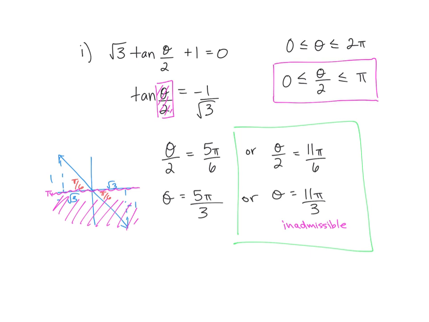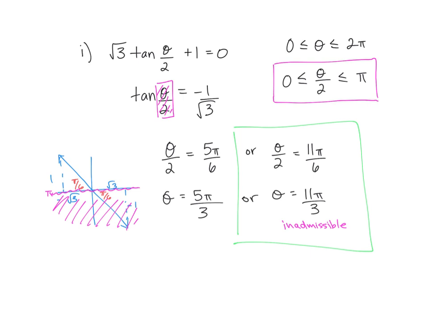Well, sine is negative where its opposite side is negative. And these should have been sine of theta by 2. If that was the case, you'll notice between 0 and pi, we have no values of theta that would have fit within that domain.